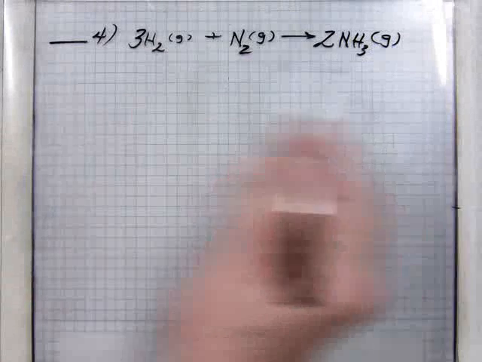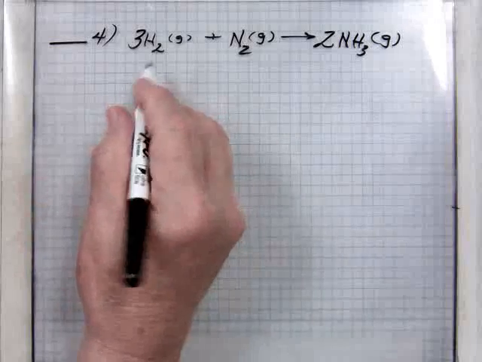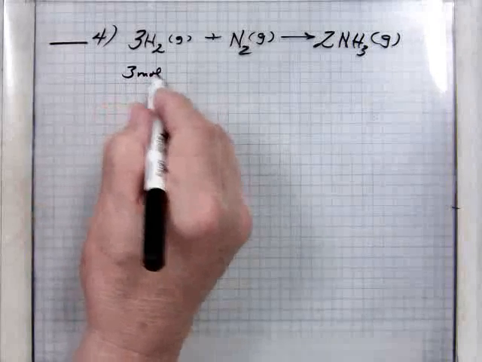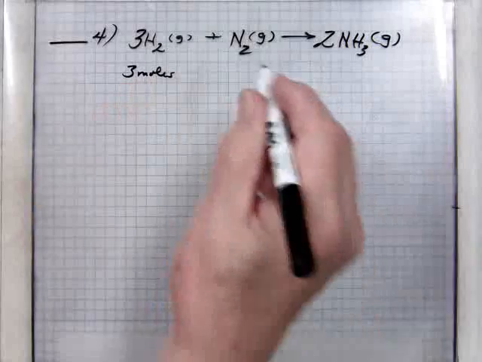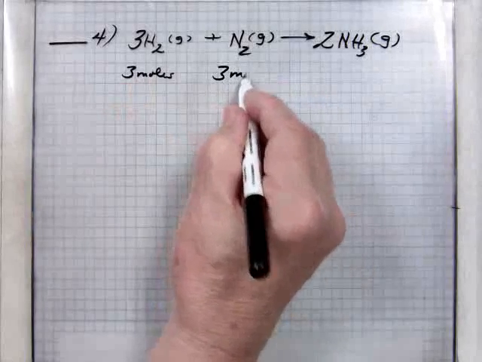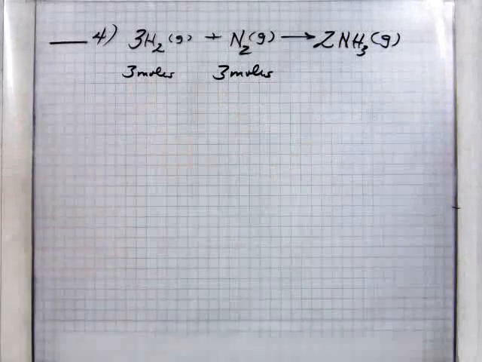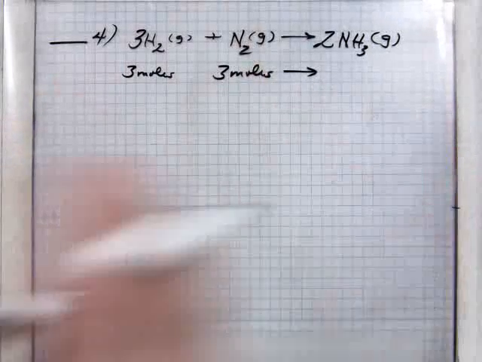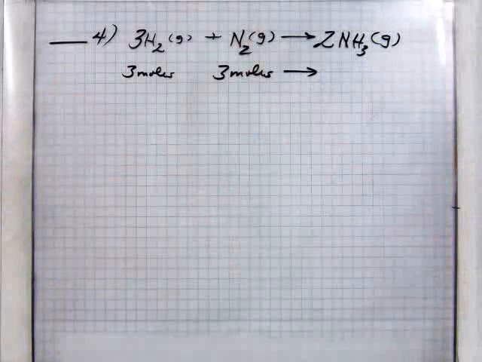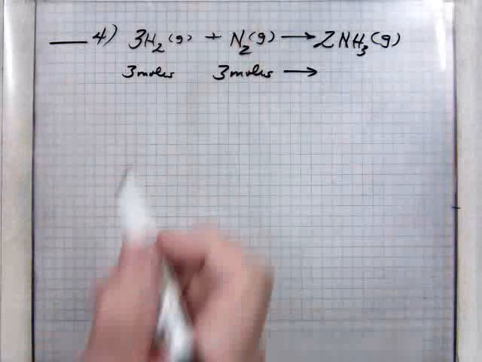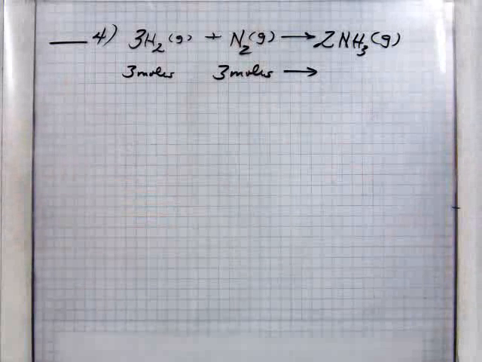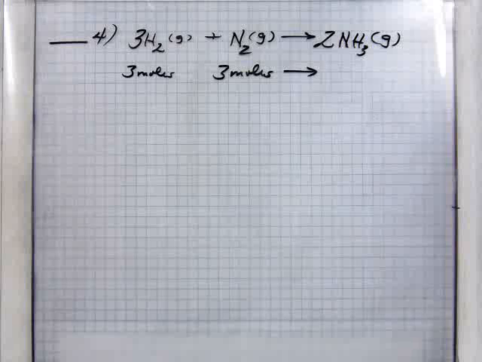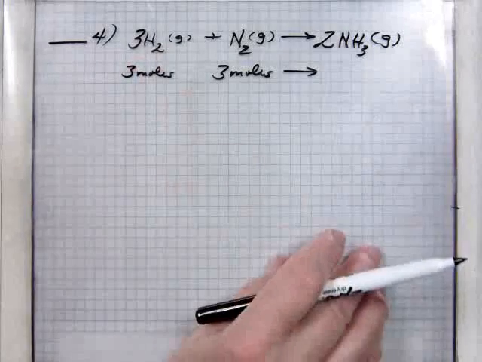Okay, in this reaction, you have 3 moles of hydrogen gas mixed with 3 moles of nitrogen to produce whatever moles of ammonia. Now the question is, how many moles of N2, which would be the excess, and hydrogen being the limiting reagent.